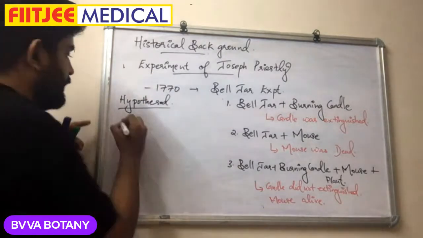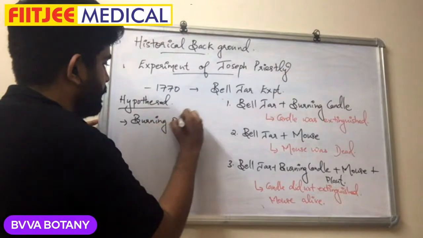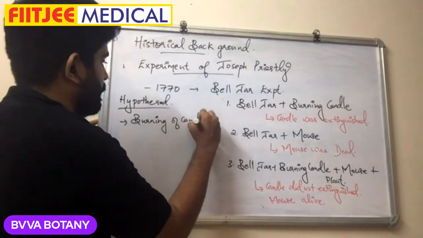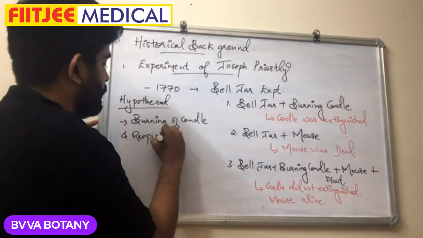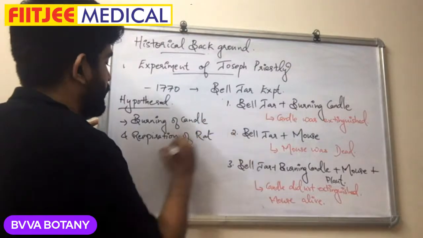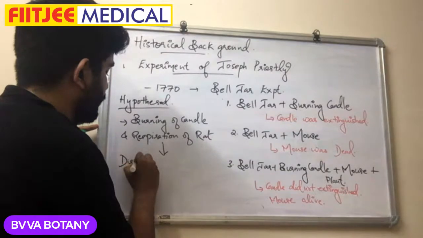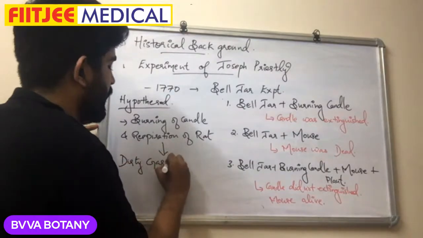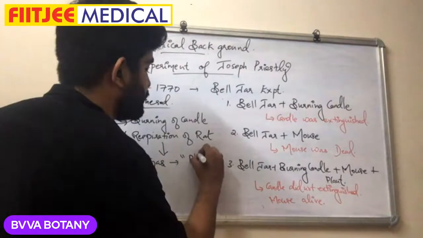He said that the burning of candle and respiration of fat produces a dirty or foul gas, and he called this dirty or foul gas phlogiston.